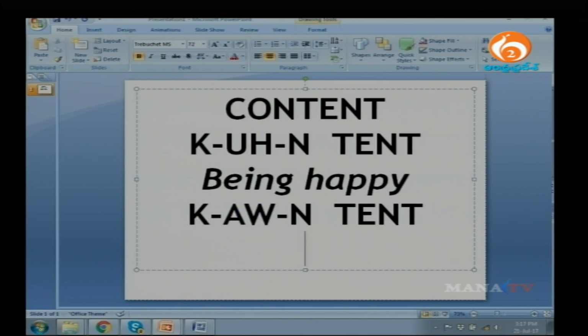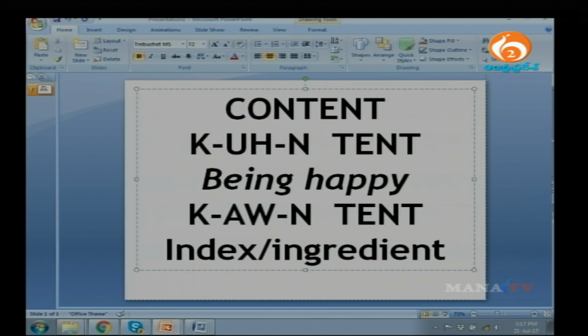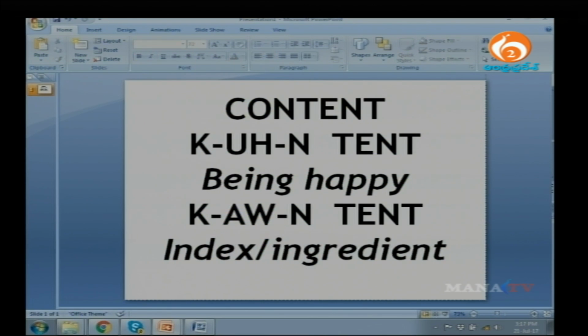When you pronounce this as content, it means index or ingredient. So when you ask, sir, today we have a training, I have prepared some self-learning documents. So my question will be, what is the content? It's not content. Content means being happy with yourself, being happy with something.